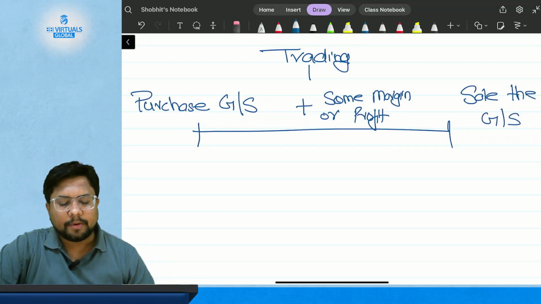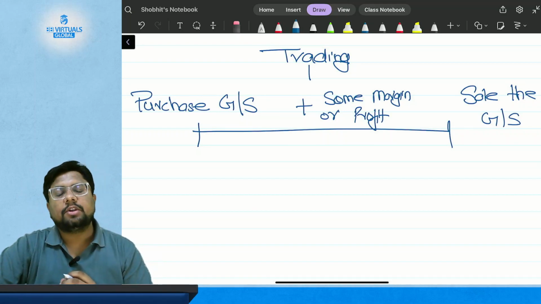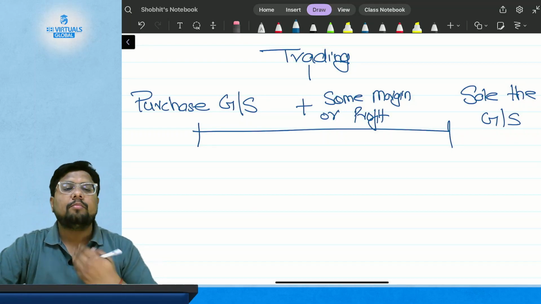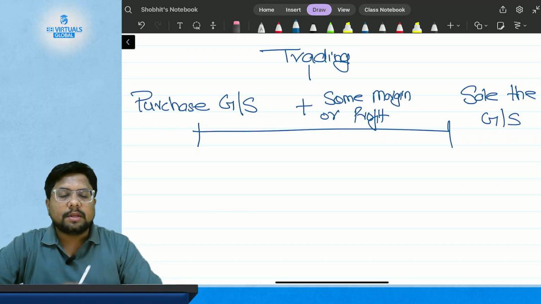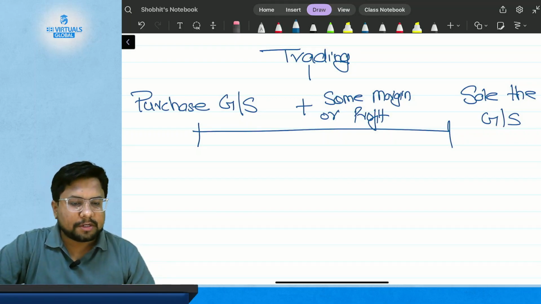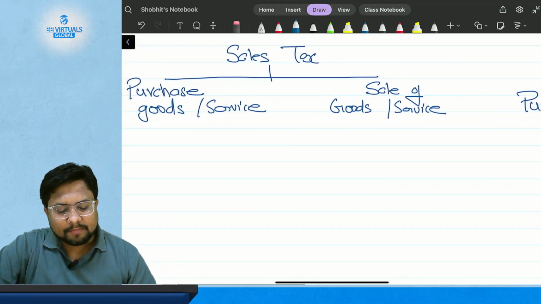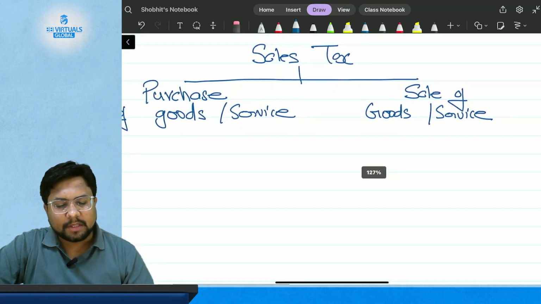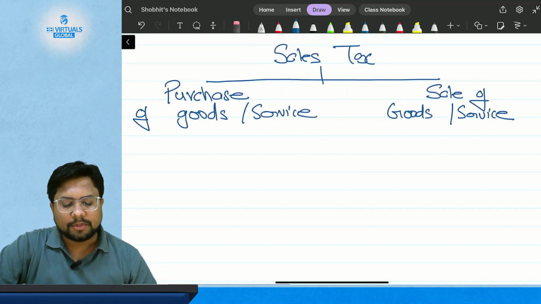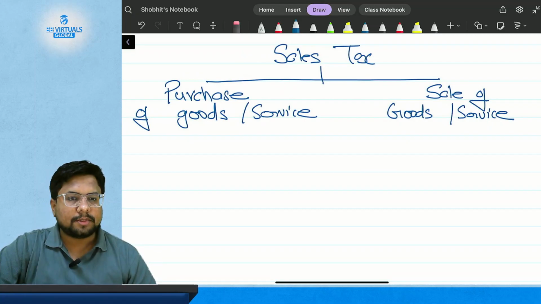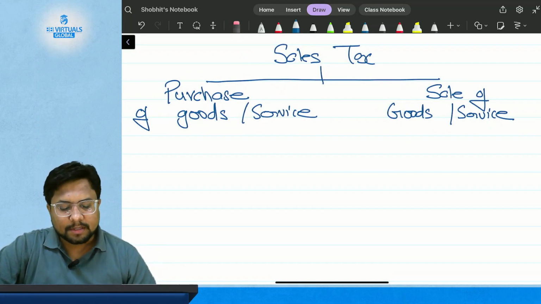This is the trading activity. You purchase certain goods or service, then you add some margin of profit which you want to earn, then sell it to the ultimate customer. This is trading, and this is the same thing which happens in sales tax. Sales tax is levied on two things: first on purchase of goods or services, and then on sale of goods and services.